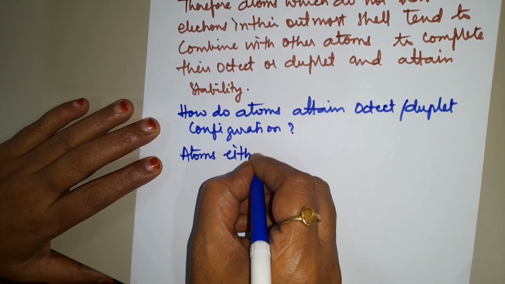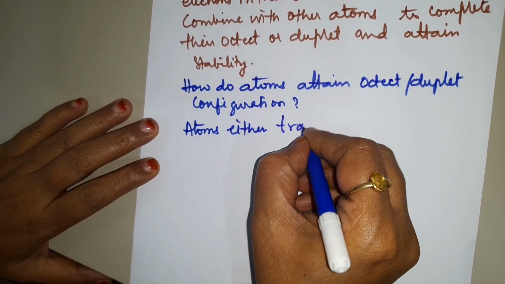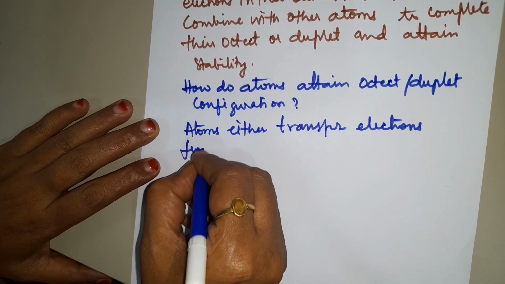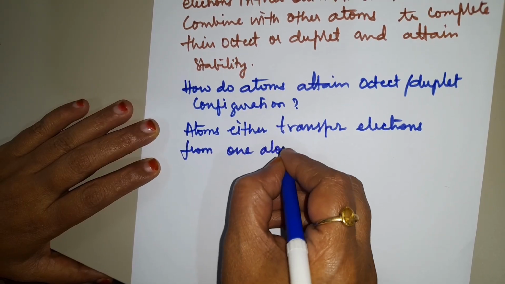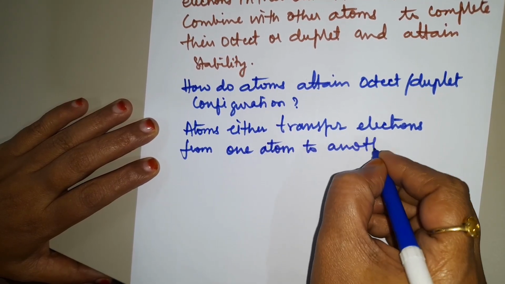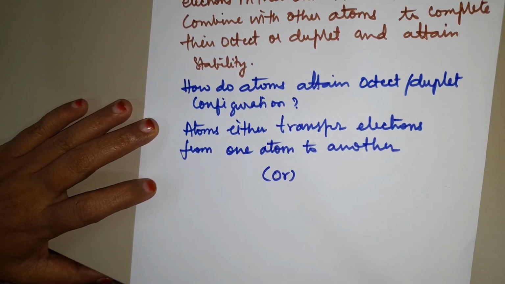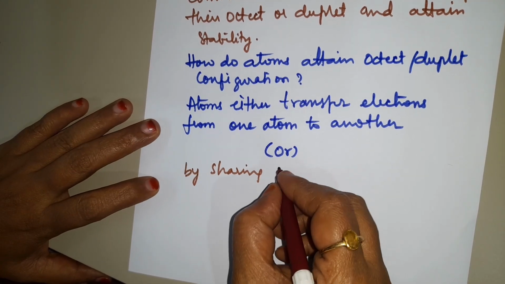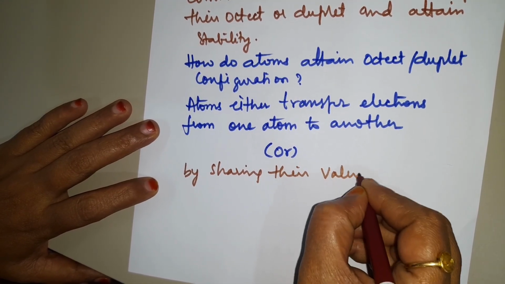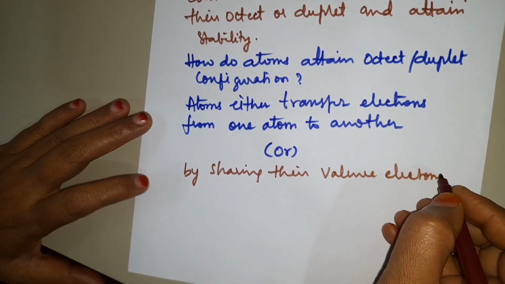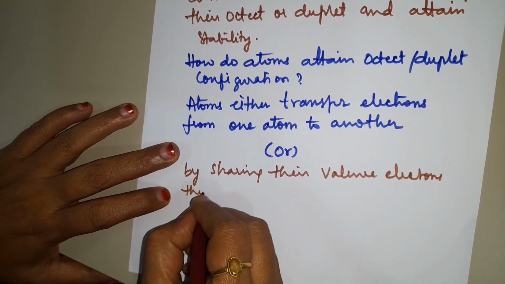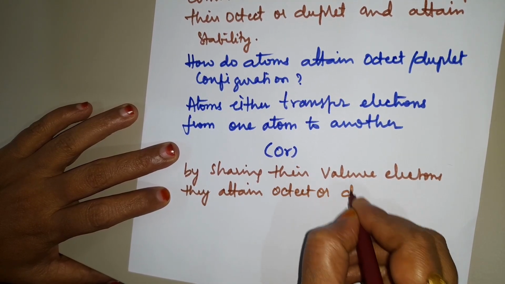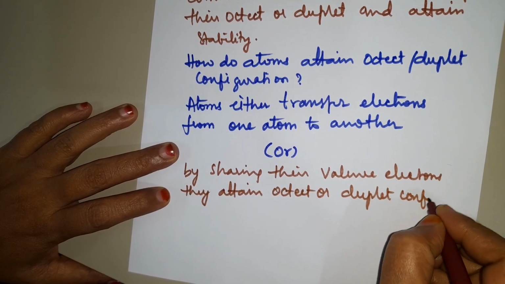Atoms either transfer electrons from one atom to another, or by sharing their valence electrons, they attain octet or duplet configuration.